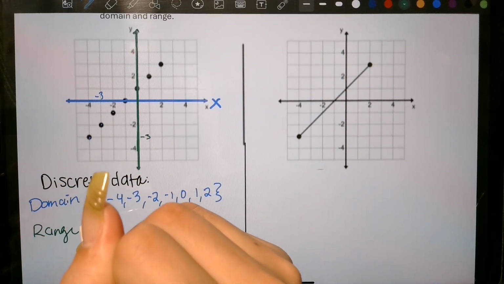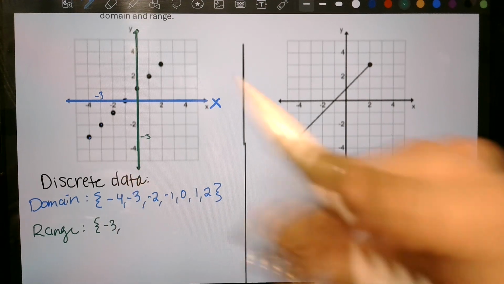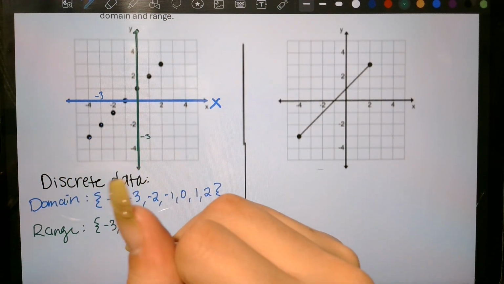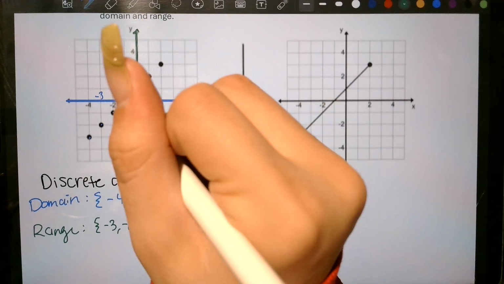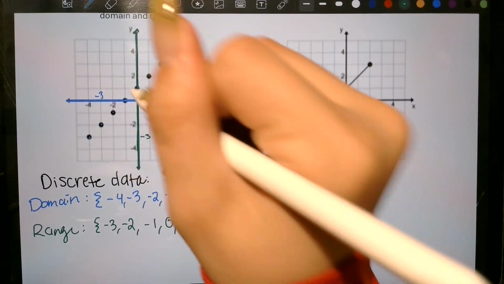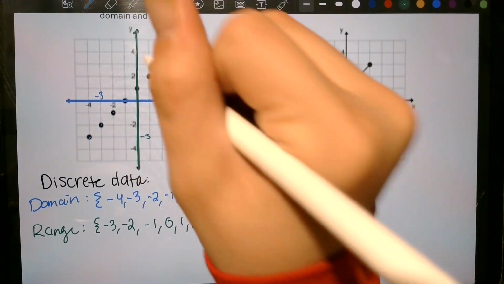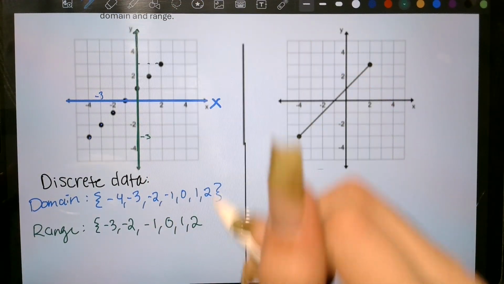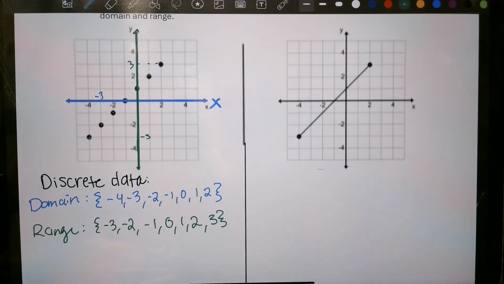So our first number in our range is -3, and then -2, and then -1, and then 0, 1, 2, and then 3. That I got from right here, that would be 3. So these are all of our y values, and these are just like those little squiggly brackets.